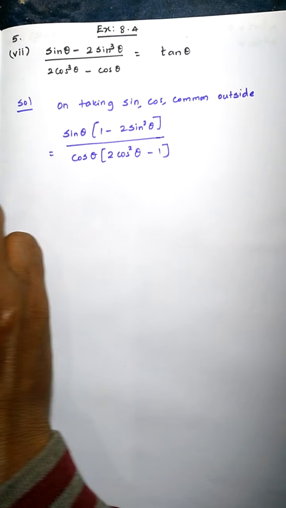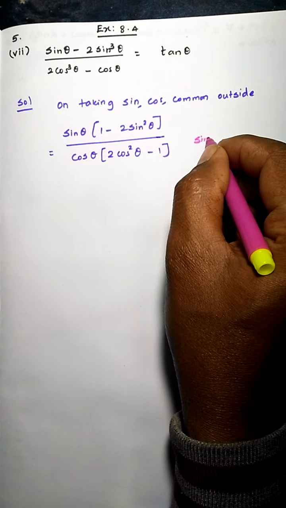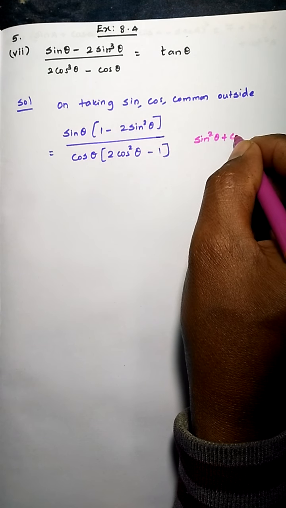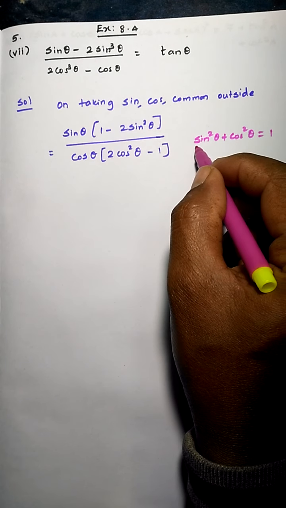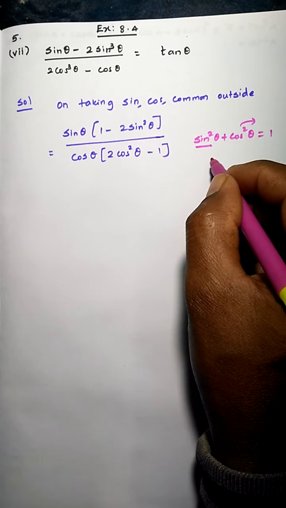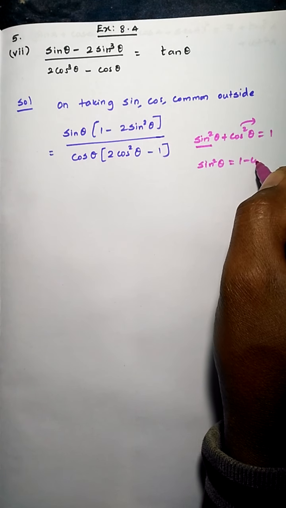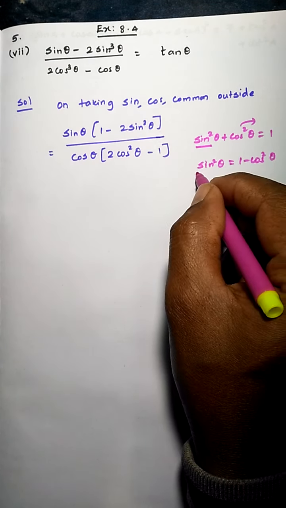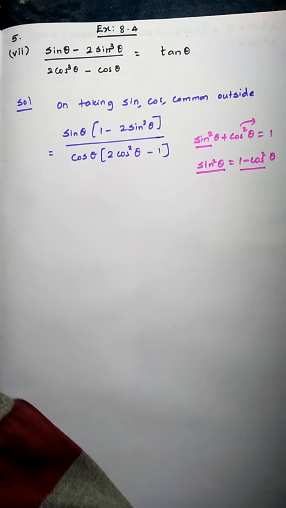Okay, now we have one identity here, sine square theta plus cos square theta equal to 1. If you want sine square theta, let's take the opposite, then sine square theta equals 1 minus cos square theta. So in place of sine square theta we can apply 1 minus cos square theta.